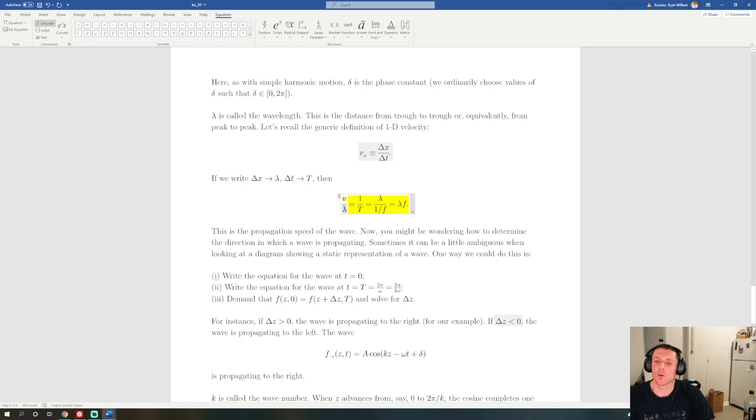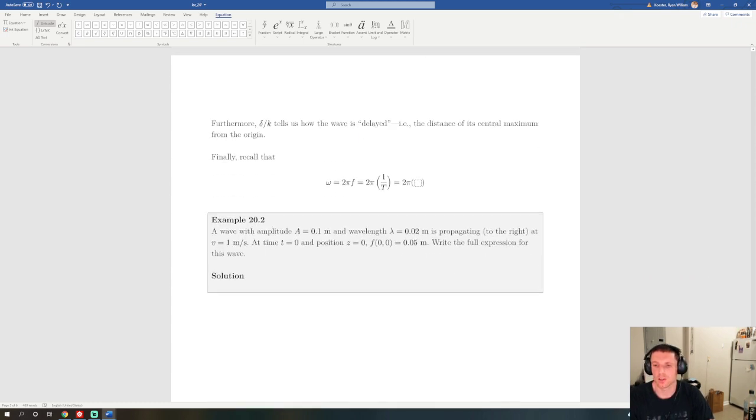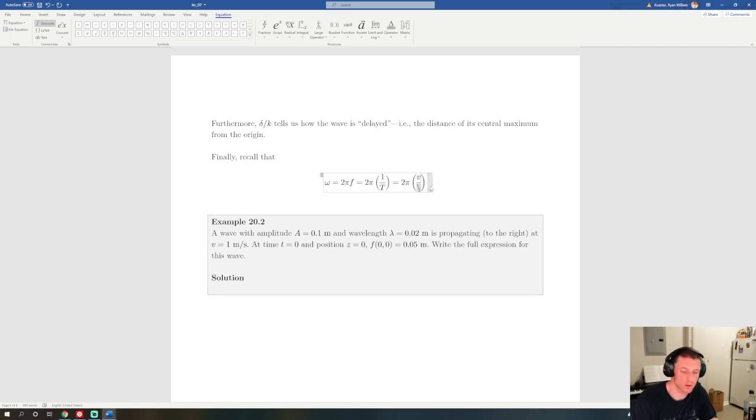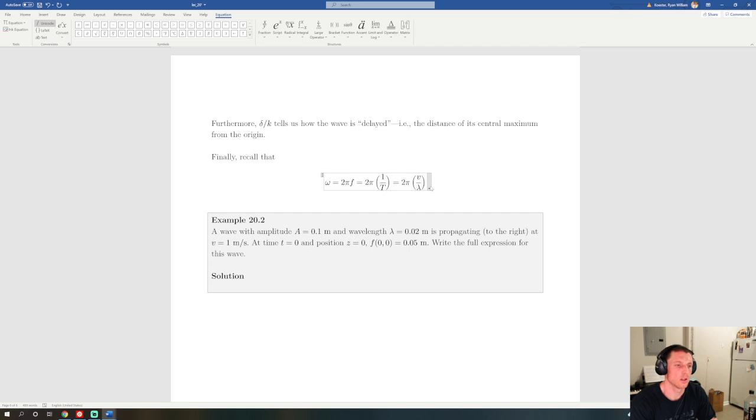And so I'm going to take the equation that we were working on just now and substitute in v over lambda for the reciprocal of the period. So we said that this is 2 pi times v over lambda, okay. And then we need to make one more substitution.